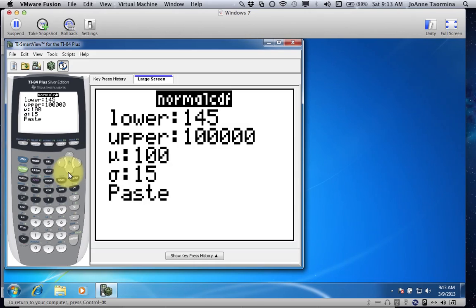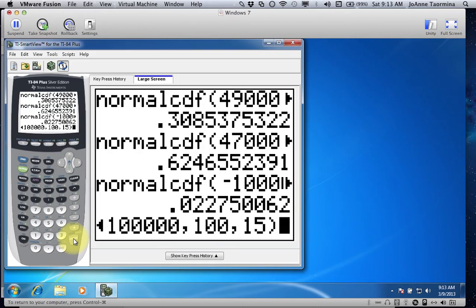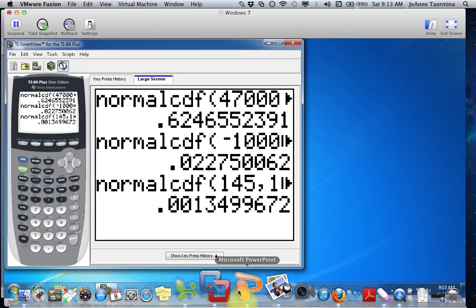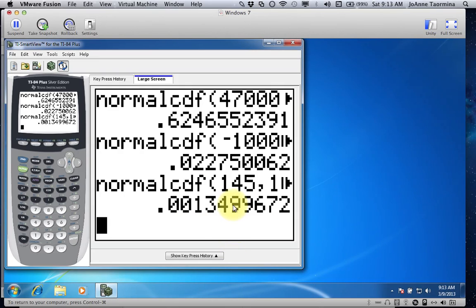We leave our mean and standard deviation as it was, and we take down this number, 0.00134,99672.